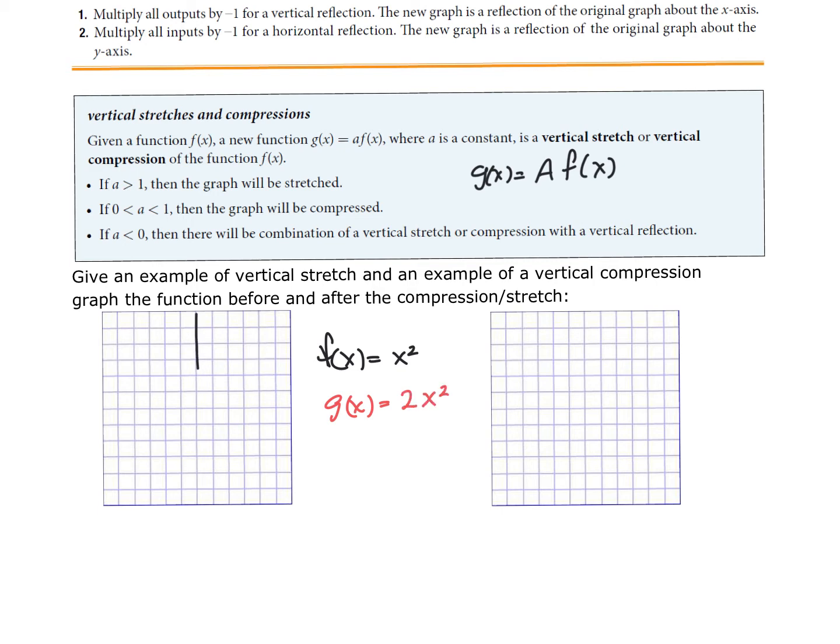So this time I'm going to move my graph down a little bit. We know x squared goes through (0, 0), (1, 1), (2, 4), (-2, 4), and that's what that looks like. When I have g of x equals 2x squared, all my outputs are going to be multiplied by a factor of 2.